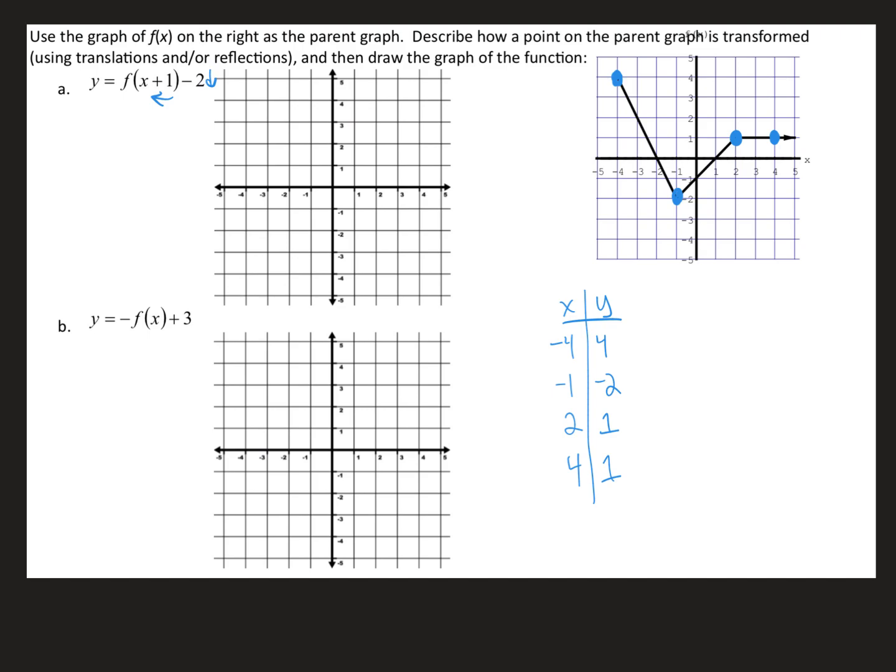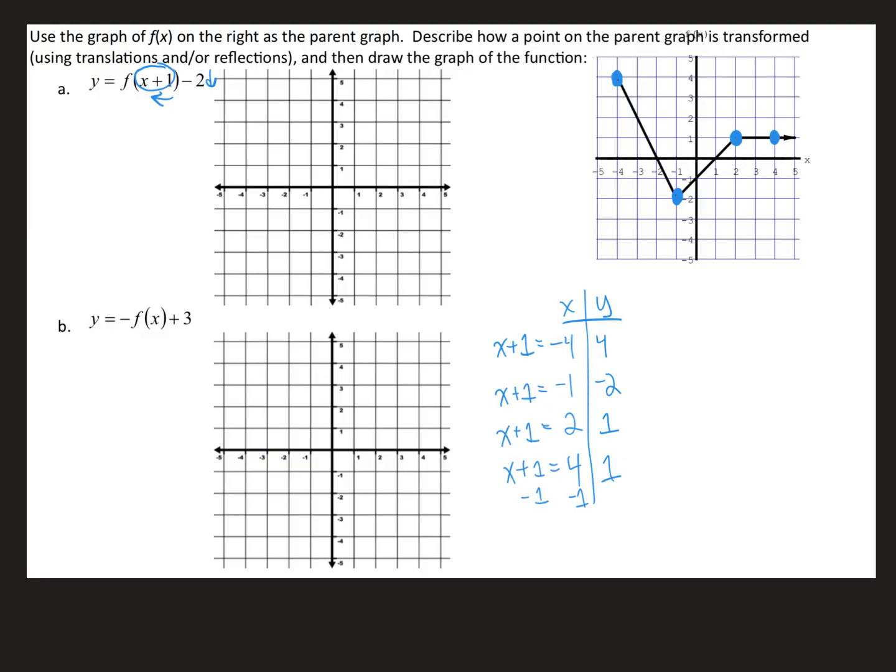Well, you take what's inside the parentheses, in this case x plus 1, and we're creating many little equations here. So x plus 1, and then we can solve each of these little equations by, well, solving it.